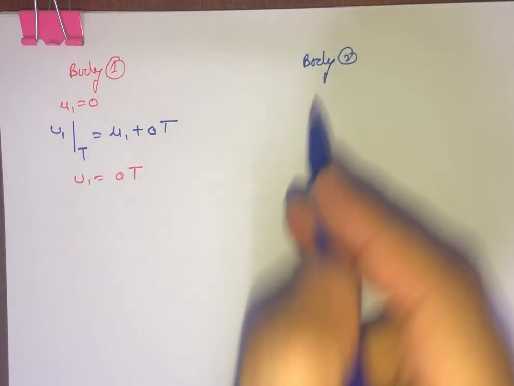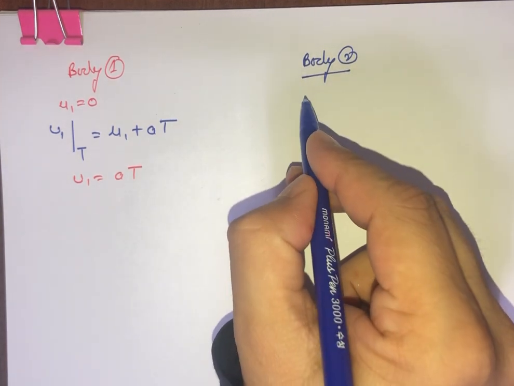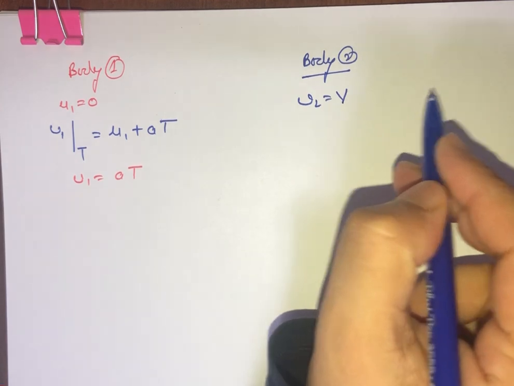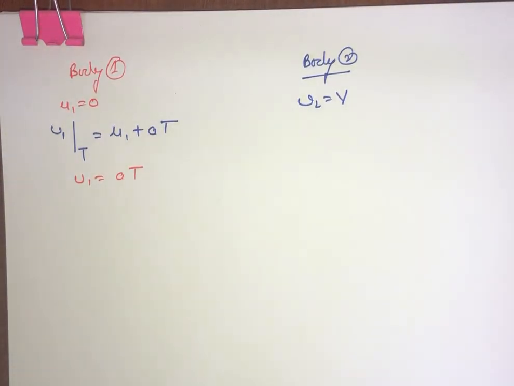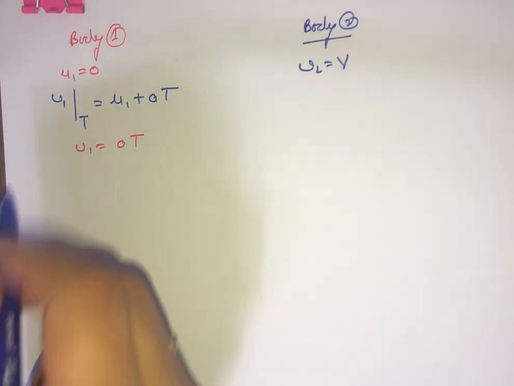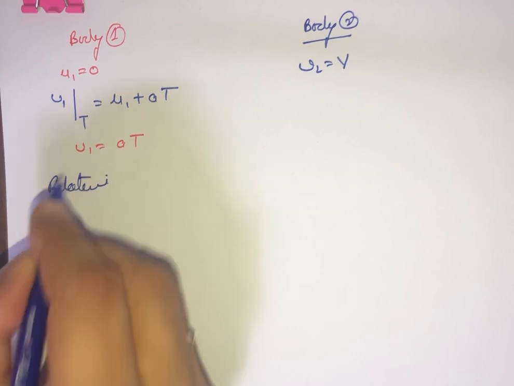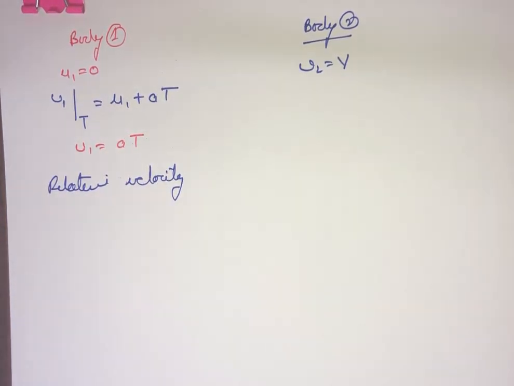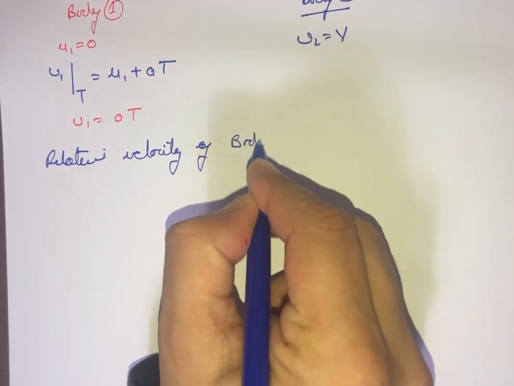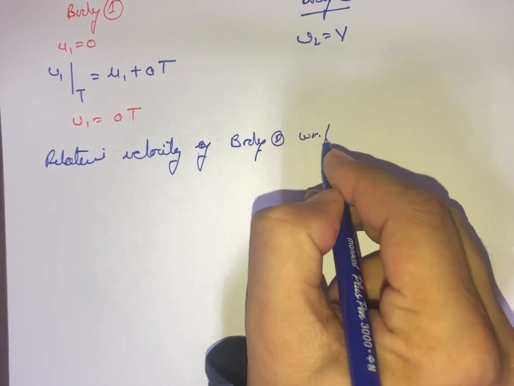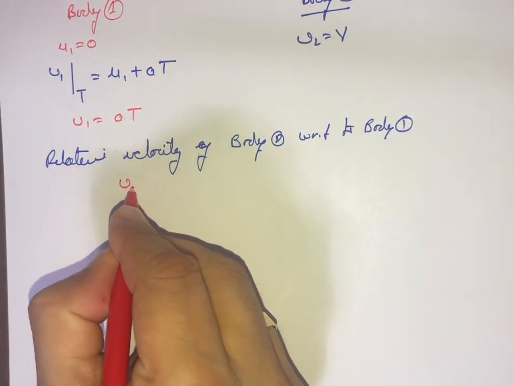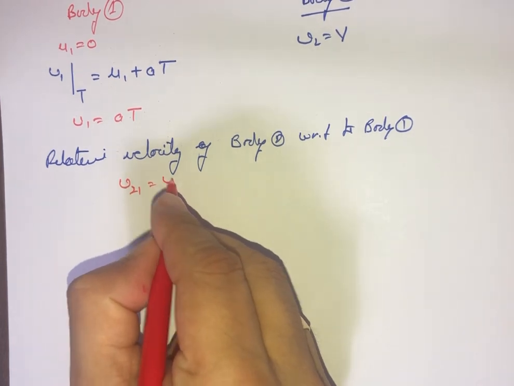And let us say that for body 2 its velocity is v2, and it is already stated that it is traveling with a uniform velocity V. So if we find out the relative velocity of body 2 with respect to body 1, we get v21 equal to v2 minus v1.